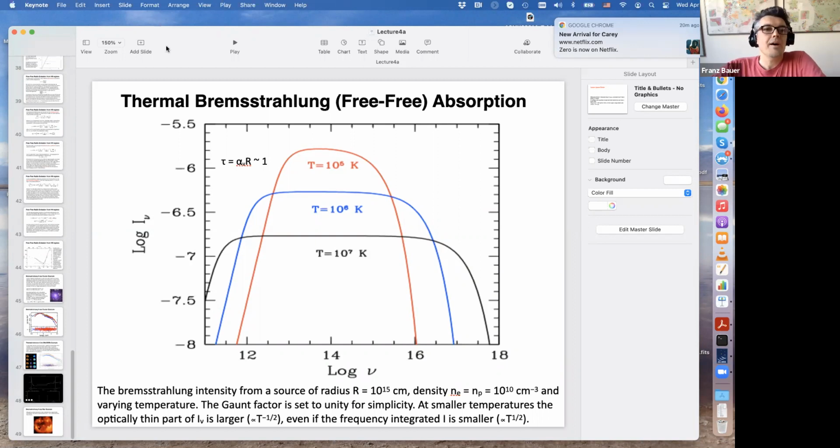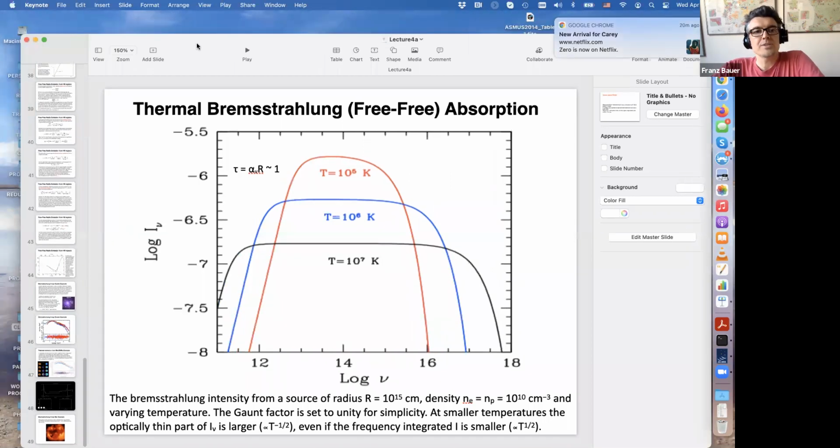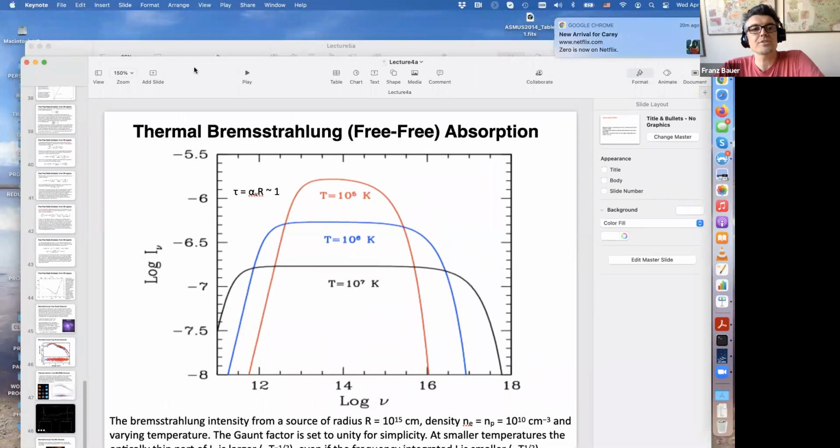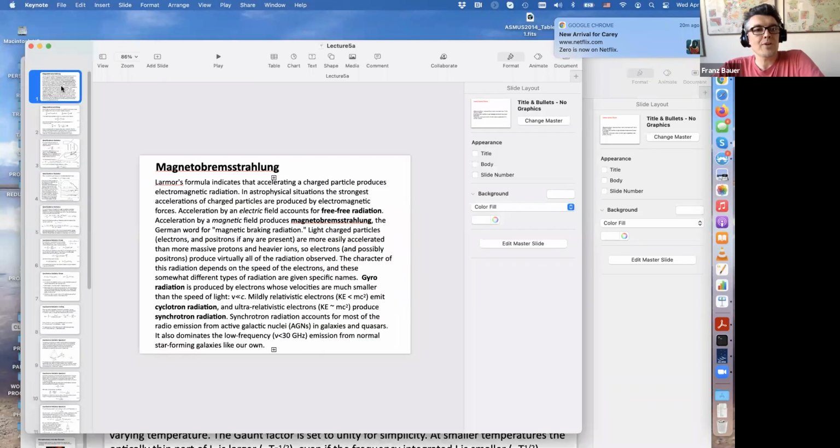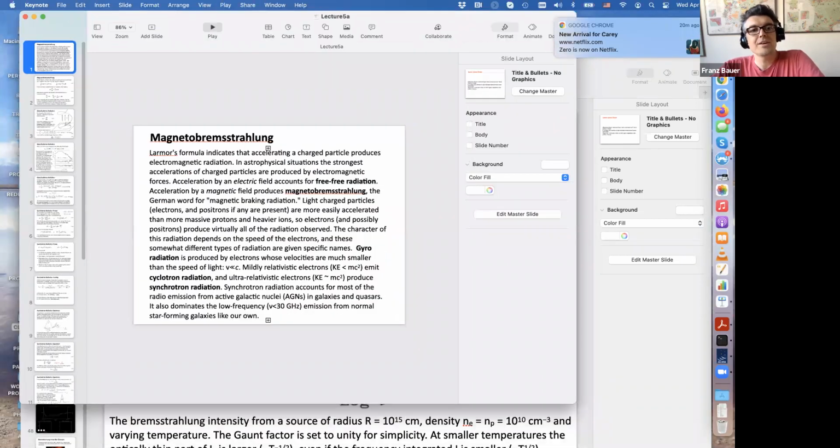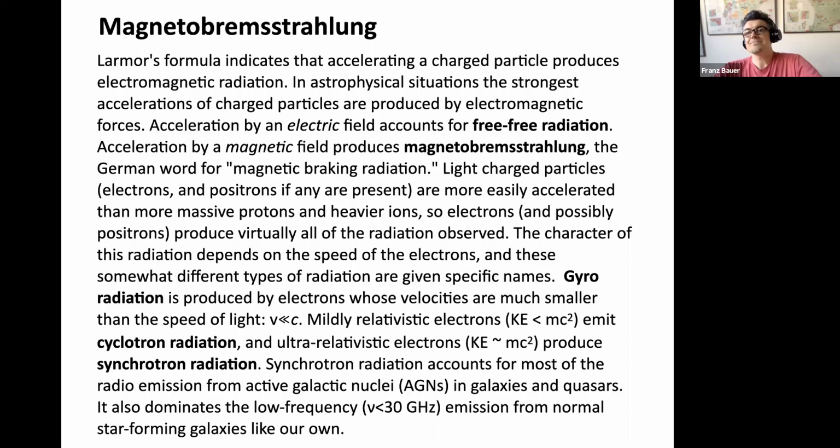Okay, so that's Bremsstrahlung, and that's typically Coulomb interactions between ionized particles. Now, we also have the fact that in ionized regions, you may have magnetic fields, right? And so you will have an acceleration between a charged particle and the magnetic field.